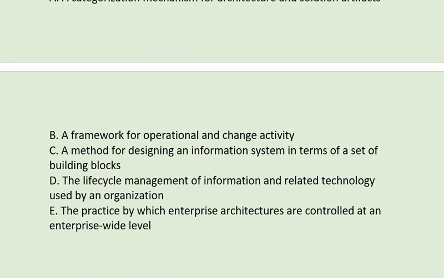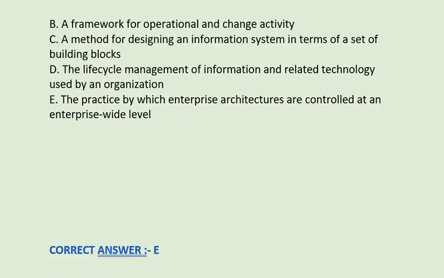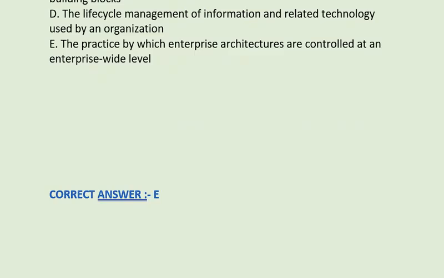Option D the life cycle management of information and related technology used by an organization. Option E the practice by which enterprise architectures are controlled at an enterprise-wide level. Correct answer is option E.